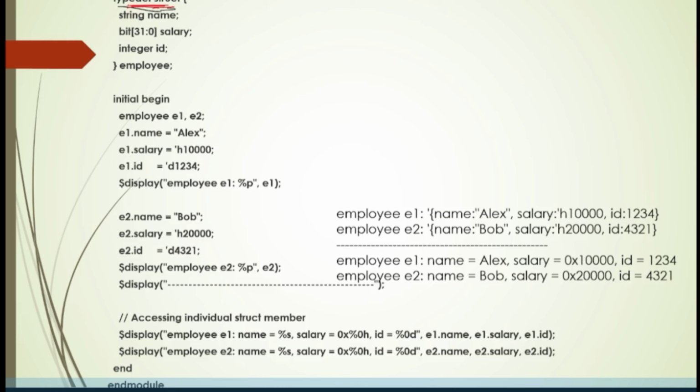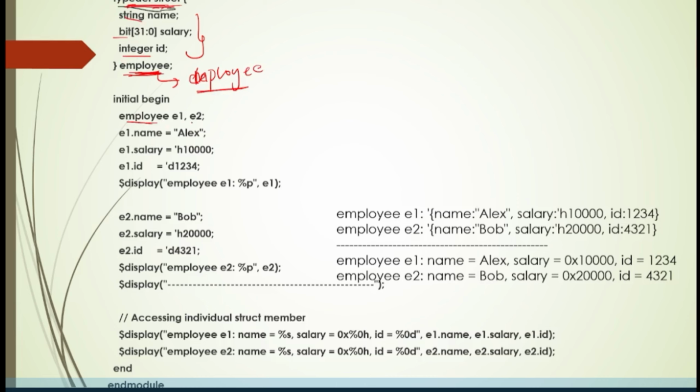Just like you are using typedef enum, similar thing here also, typedef struct, and whatever you want to create, again the same example, employee. Now this employee is a data type, just like string, bit, integer is a data type.